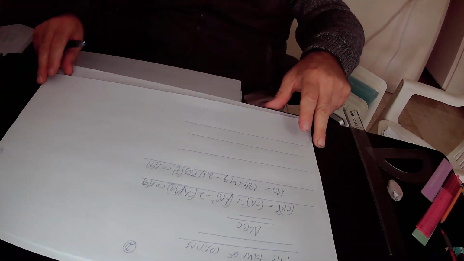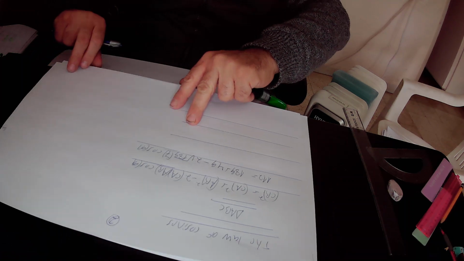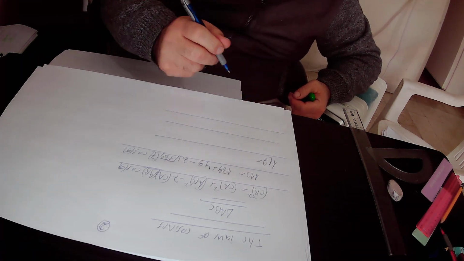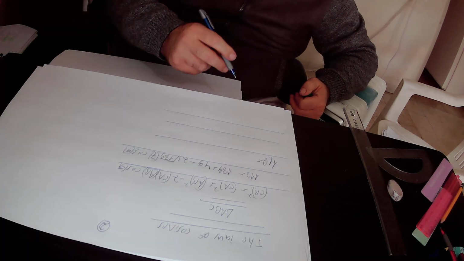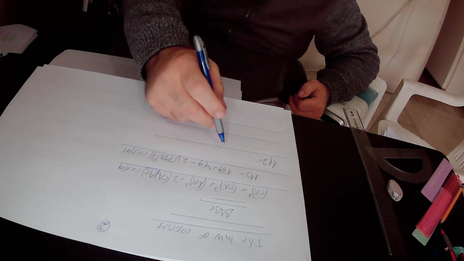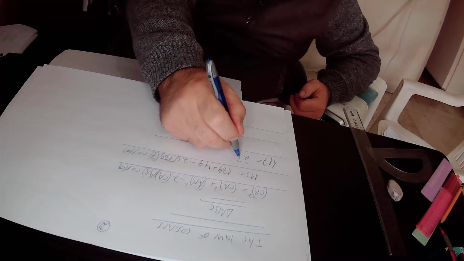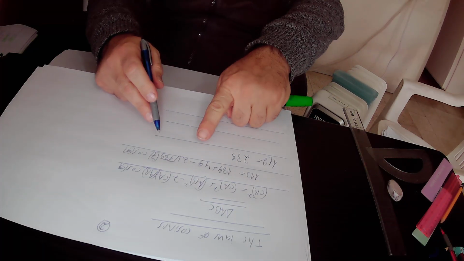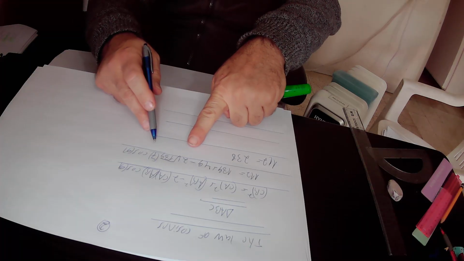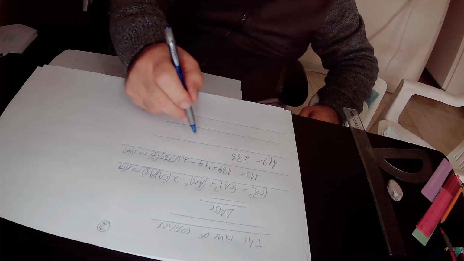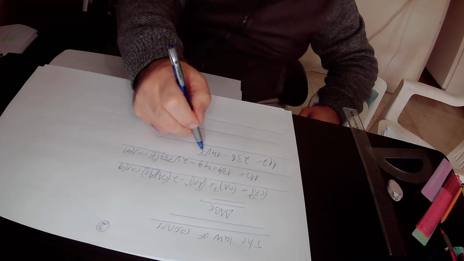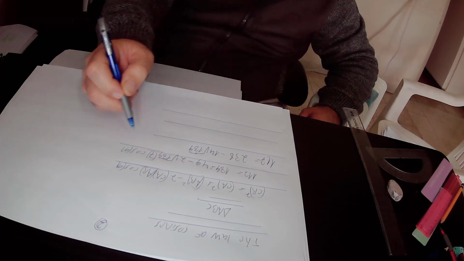So 112 equals 189 plus 49, which is 238. Here we have minus 2 times 7, which is minus 14, so in total this expression equals minus 14 times square root of 189 times cosine alpha.